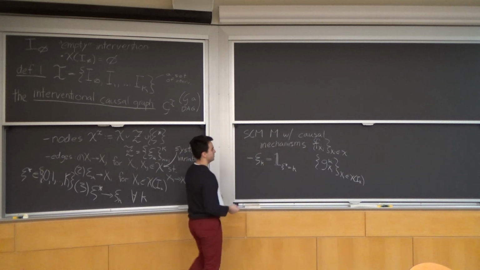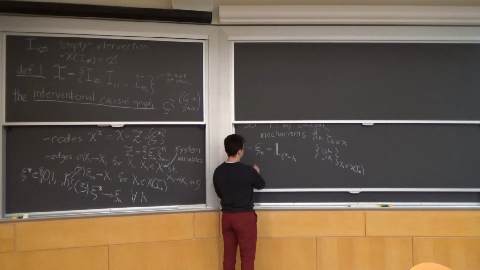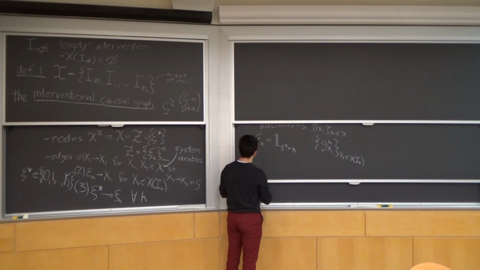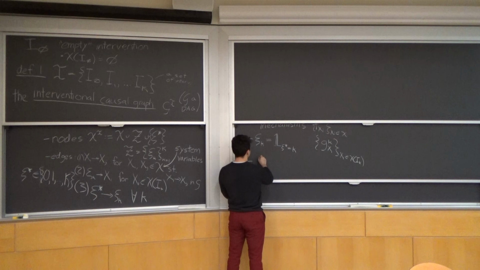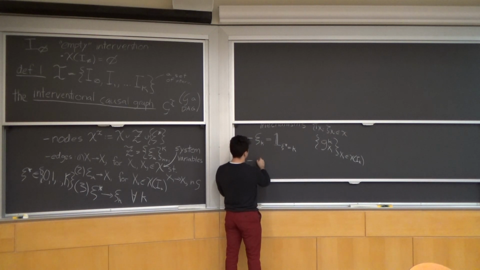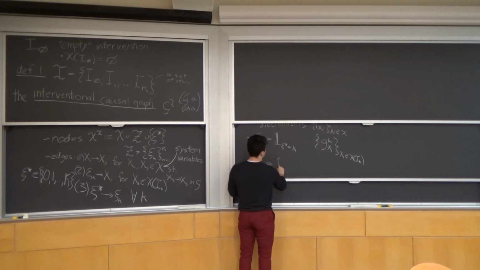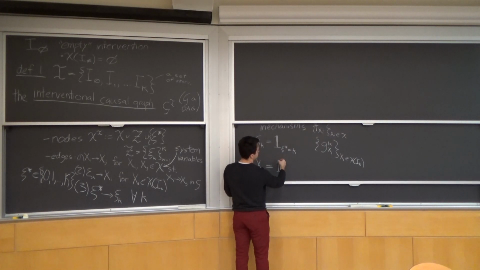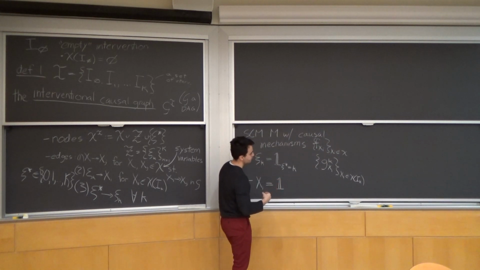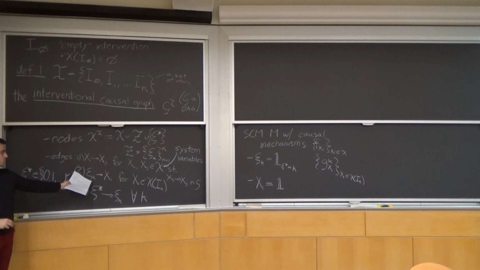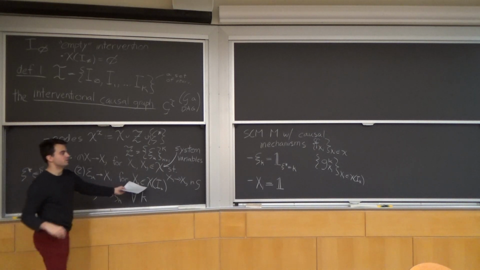Then what we want to do, using the indicator, is say our variable x_i is going to take on a value depending on its parents, which are just the intervention nodes that have it as an intervention target.